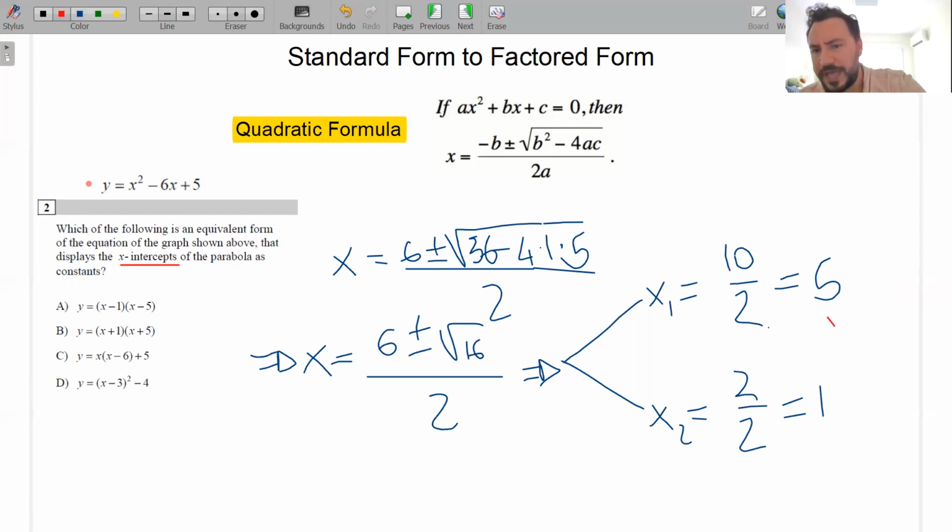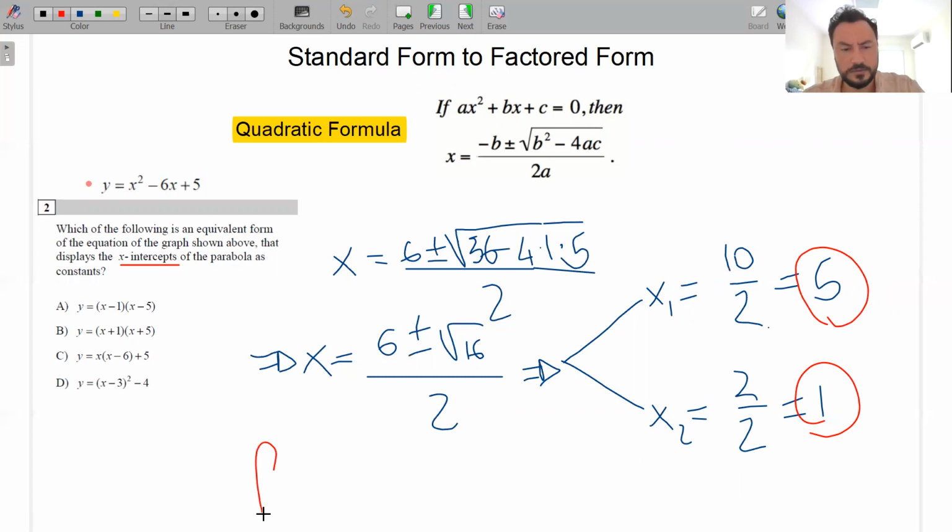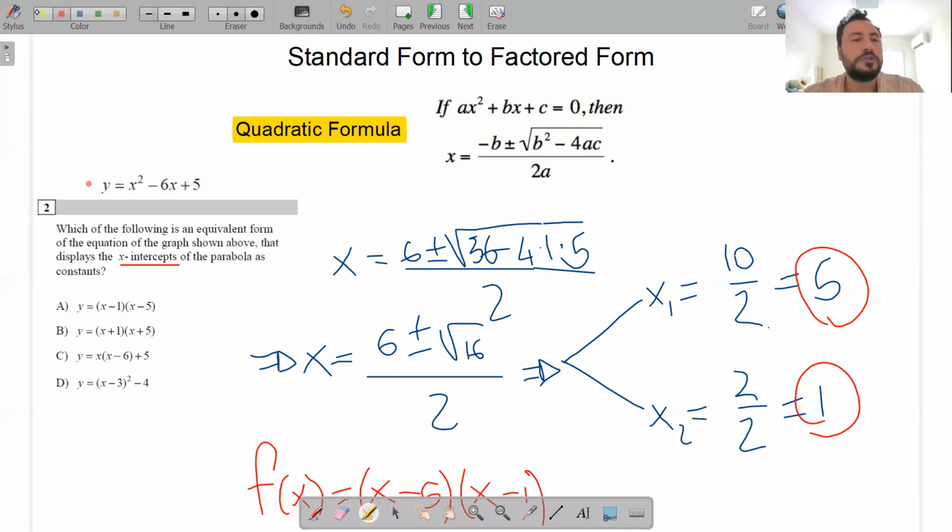Now that I found my two x's, what I need to do is just plug them into the factor form, and when I plug them in, I invert the sign. You should remember that one from when we talked about the remainder theorem. So I'm going to have x minus 5 times x minus 1. So our possible answer is A.